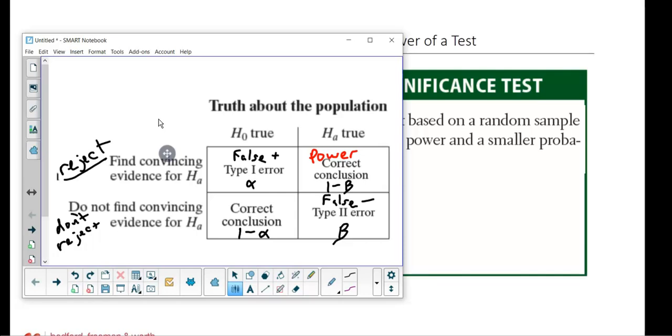In other words, if you have more type 1 errors, you're going to have fewer type 2 errors, and vice versa, typically. So if you increase alpha, beta is going to go down, which makes power go up. It's all kind of related like that.